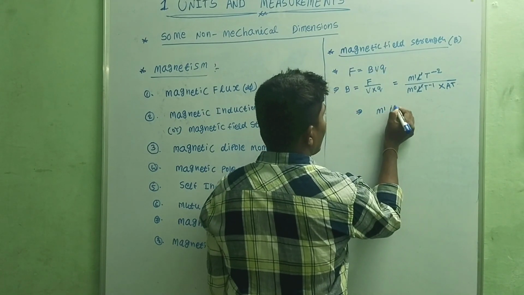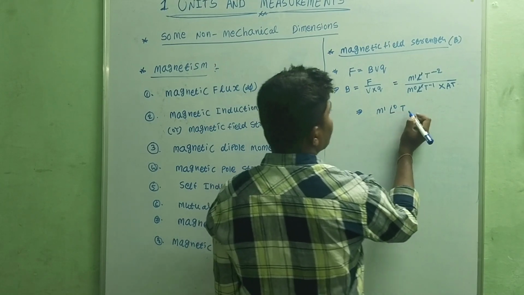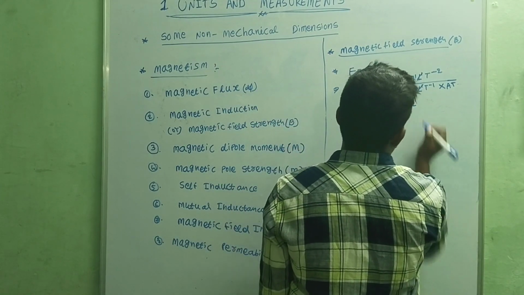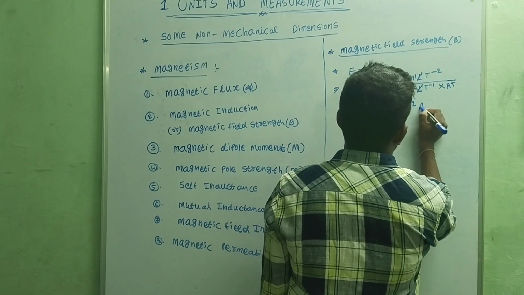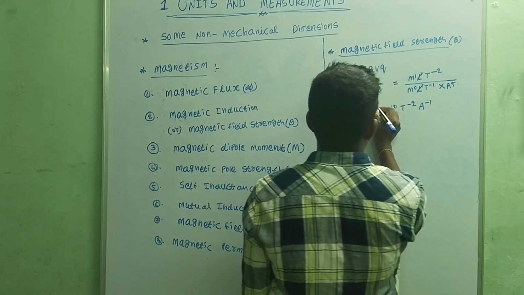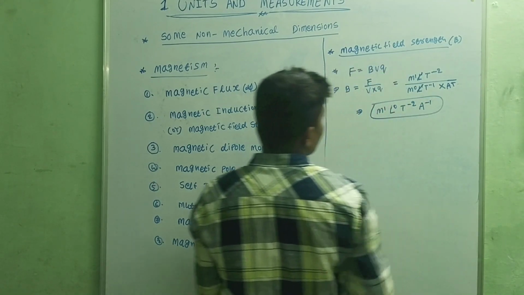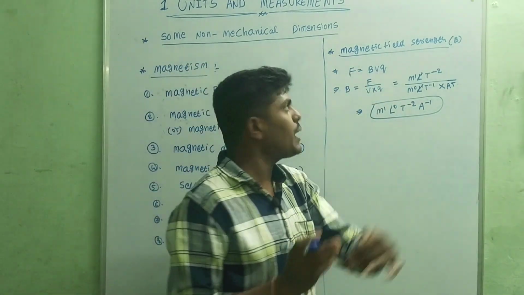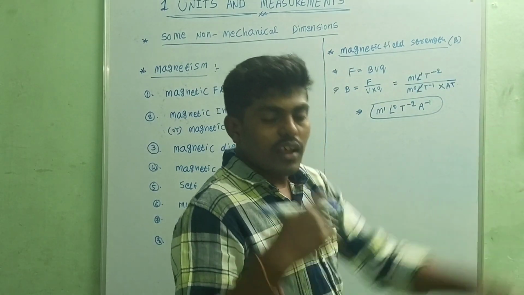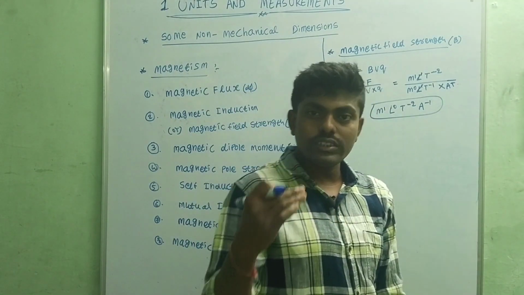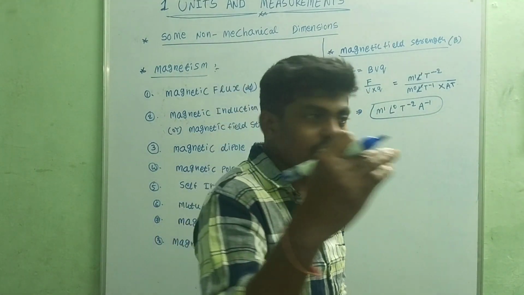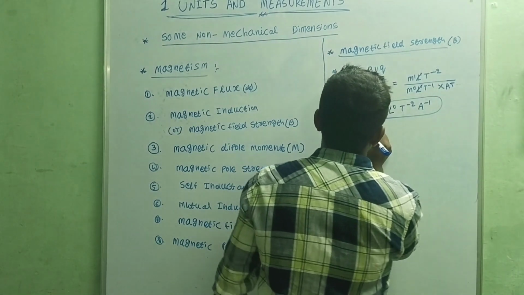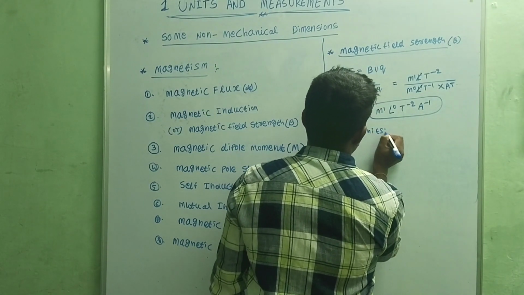So the dimensions are M1 L0 T minus 2 A minus 1. These are the dimensions of magnetic field strength. Next, what is the unit of magnetic field strength? The unit of magnetic field strength is Tesla.